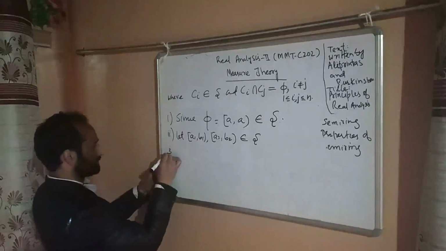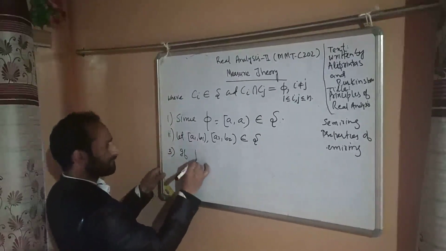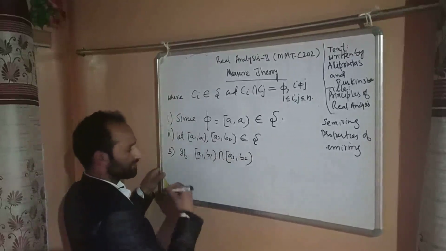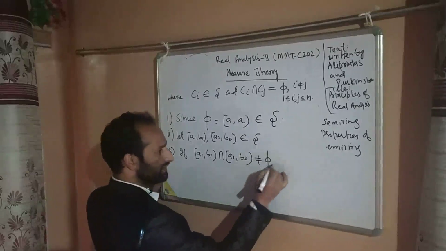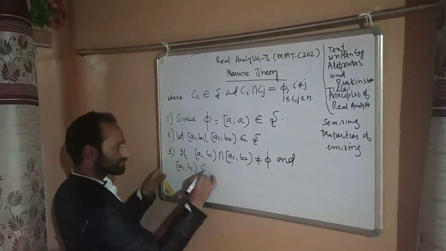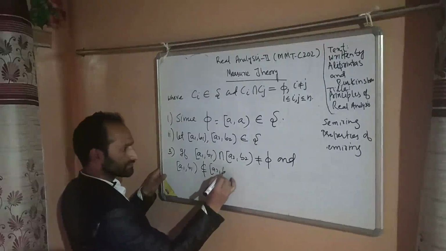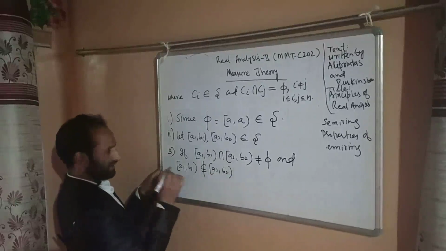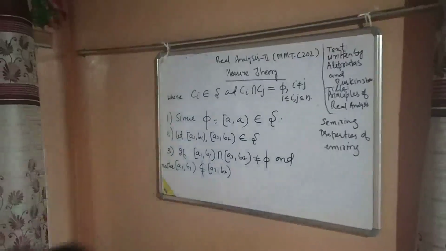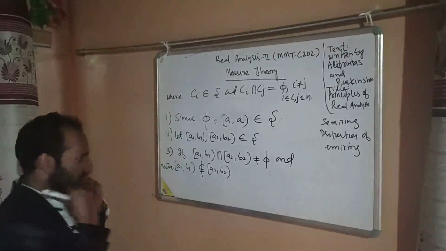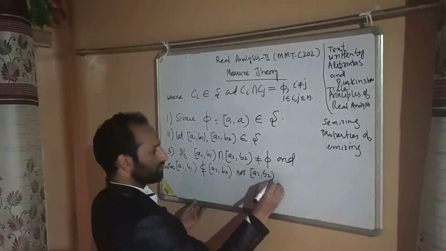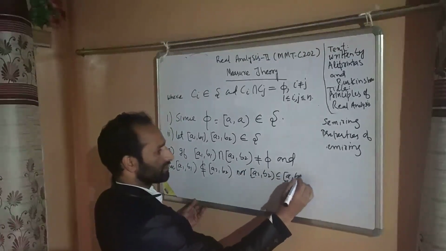Third case: if A1, B1 intersection A2, B2 is not equal to phi, and neither A1, B1 is a subset of A2, B2, nor A2, B2 is a subset of A1, B1.